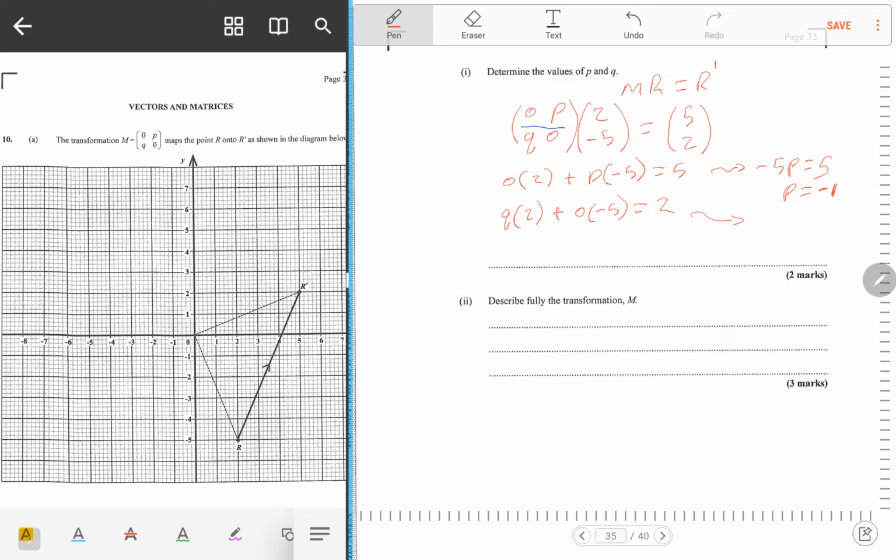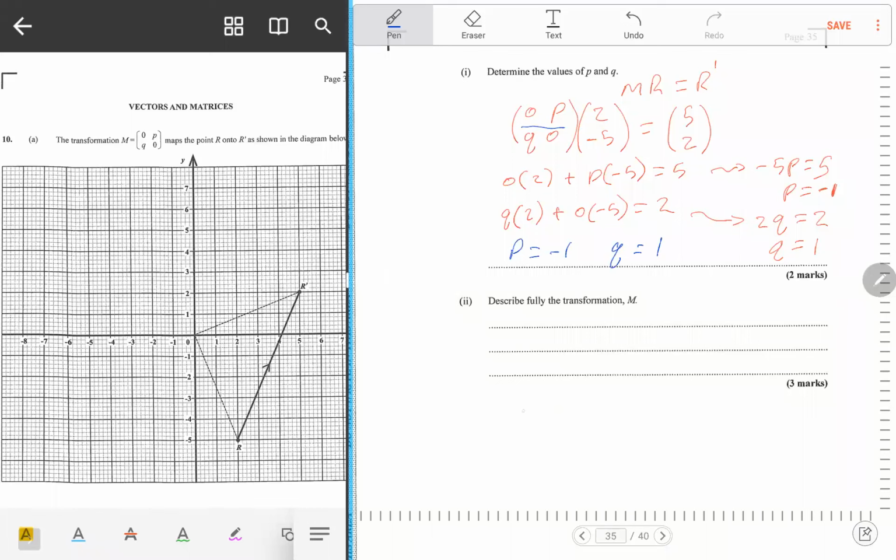This tells us that 2Q is equal to 2, and so Q is equal to 1. So P equals -1 and Q equals 1.